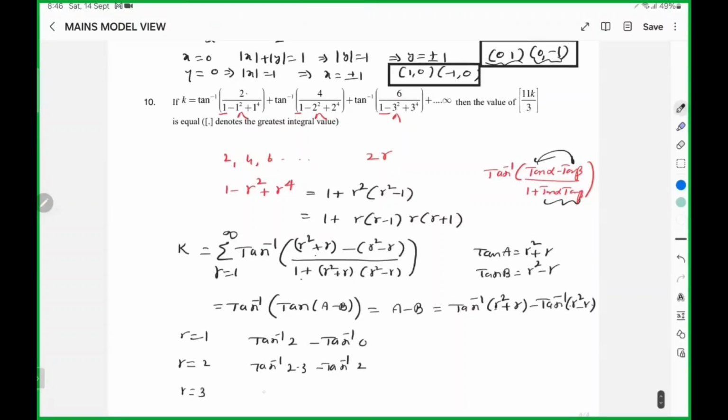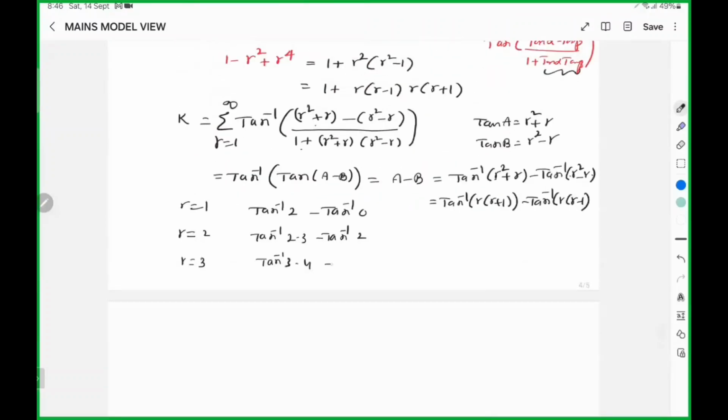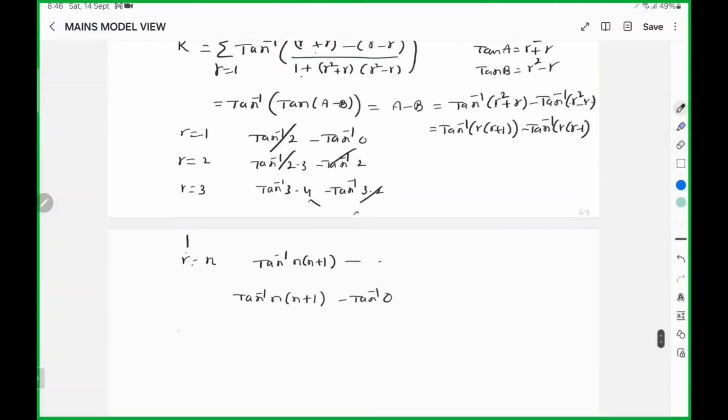R is 3: tan inverse of r into r plus 1 minus tan inverse of r into r minus 1. Here you take r as 3, 3 into 4 minus tan inverse 3 into 2. Like this all these terms get cancelled. Finally, if you take n, tan inverse n into n plus 1 minus. So the sum of n terms will be what is left over: tan inverse n into n plus 1 minus tan inverse 0. This is the sum of n terms.